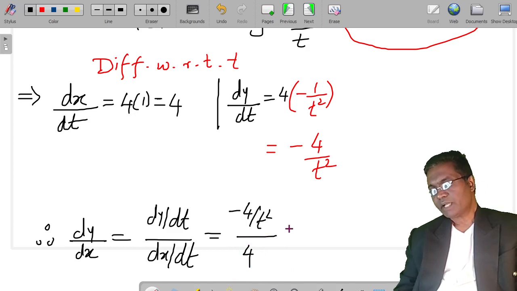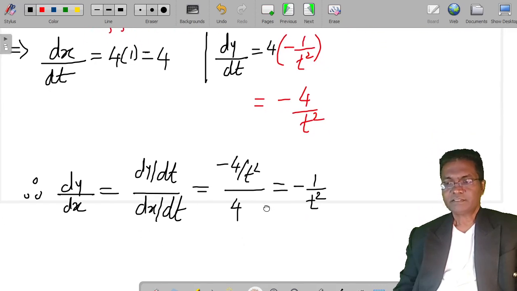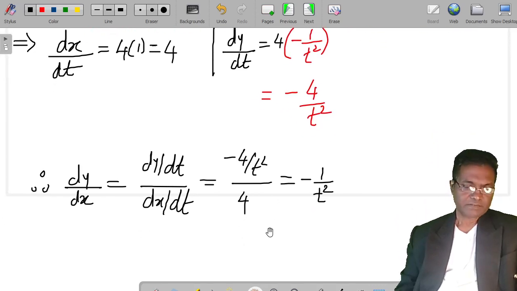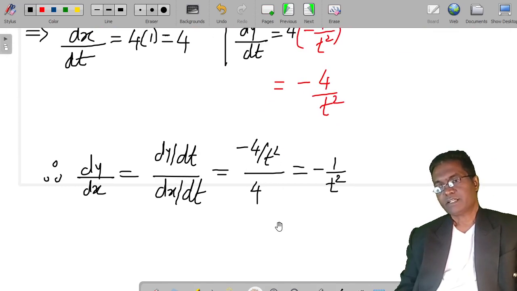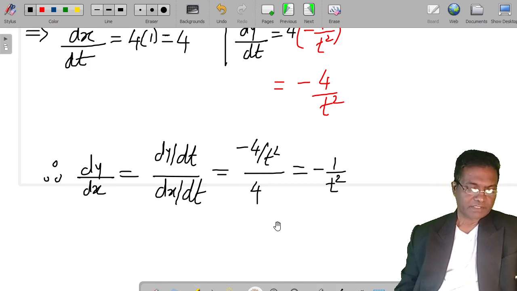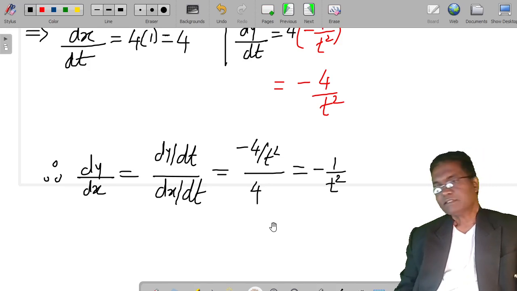So 4 cancels, and you can write minus 1 by t square. Okay. So the last one we will do in this session, and the remaining 6 examples in the next session.